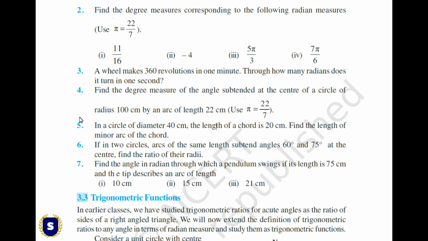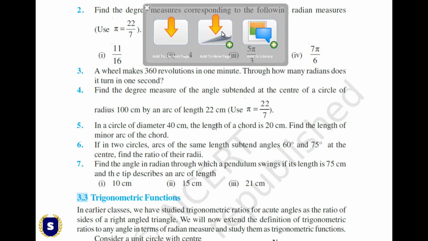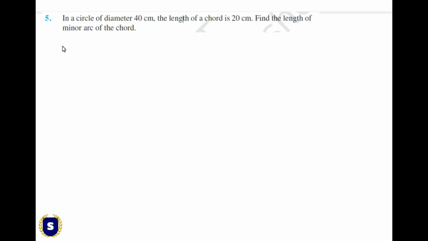Question number 5. In a circle of diameter 40 centimeter, the length of a chord is 20 centimeter. Find the length of the minor arc of the chord. Okay. So what is given to us here? Diameter of the circle, that is small d, is equal to 40 centimeter.